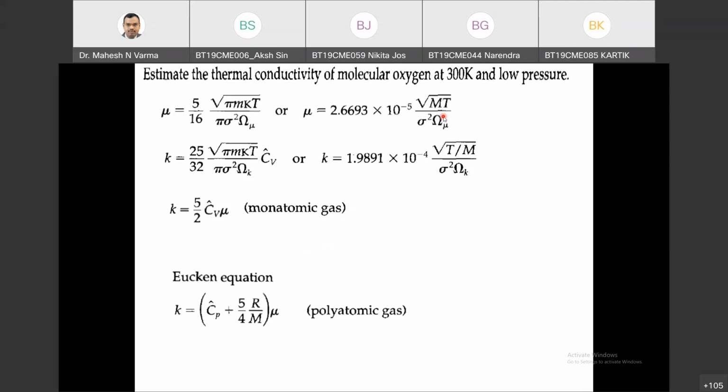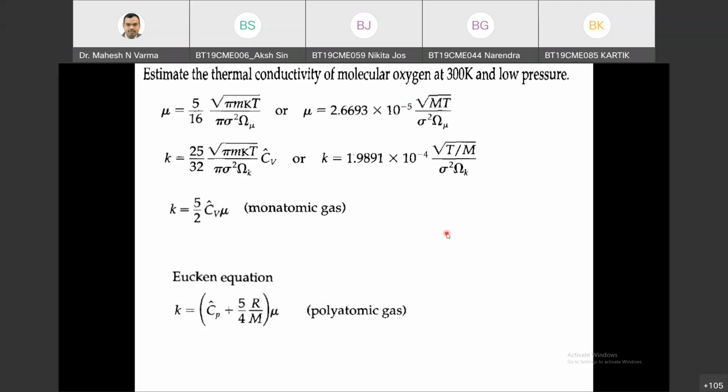Anyway, you will get the same constant if you use Boltzmann's constant, and all other constant values you can get, and you can rearrange this equation. What are the data required in this Maxwell equation? Sir, we will require sigma, collision diameter, and collision integral. Okay, and then you can use either this equation or this equation to get the value of thermal conductivity.